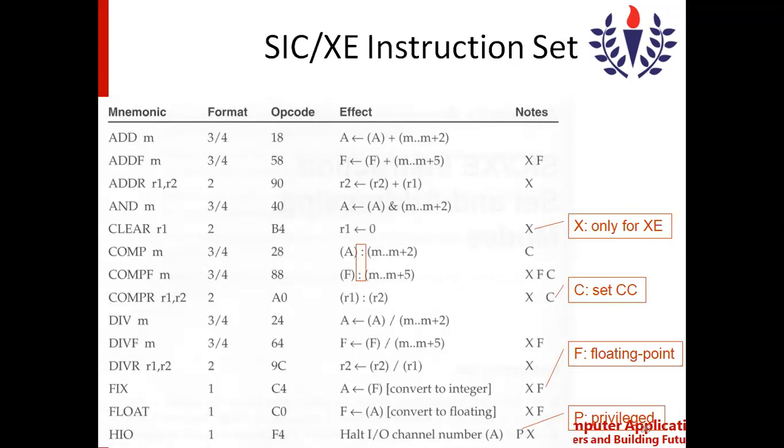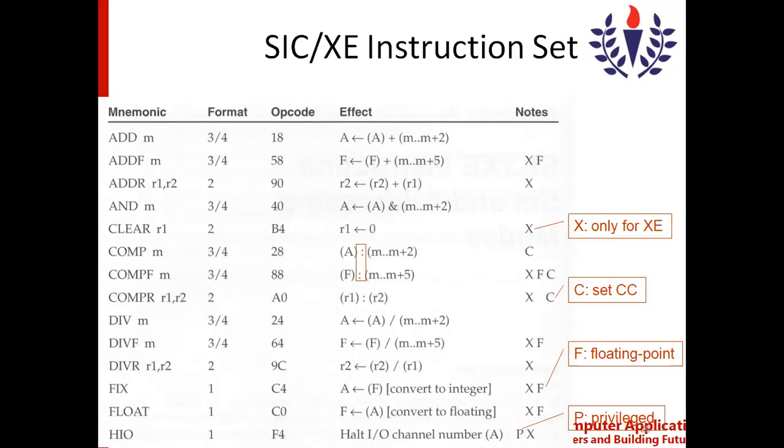We have a larger number of addressing modes in SIC/XE, say relative addressing, program counter relative, base relative, direct, indexed, immediate addressing, indirect addressing, simple addressing. So all these different types of addressing we use in SIC/XE.